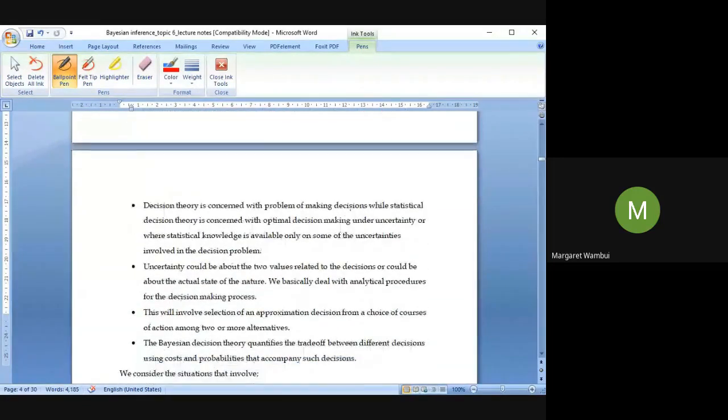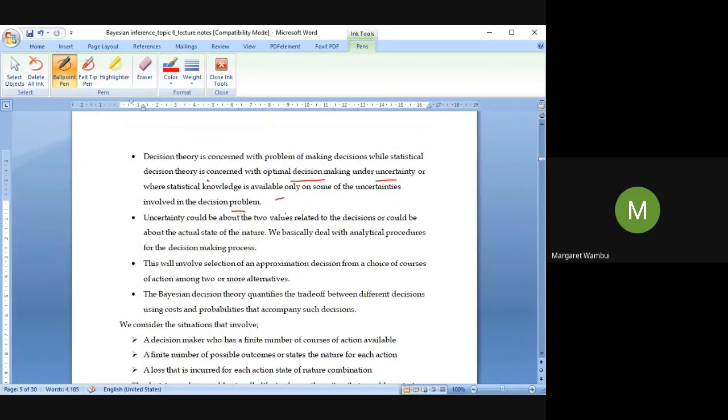Now, decision theory is concerned with the problem of making decisions well. Statistical decision theory is concerned with optimal decision making under uncertainty, or where statistical knowledge is available, only some of the uncertainties involved in the decision problem. So uncertainty could be about the values related to the decisions, or could be about the actual state of nature.